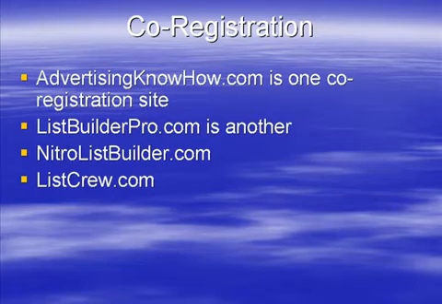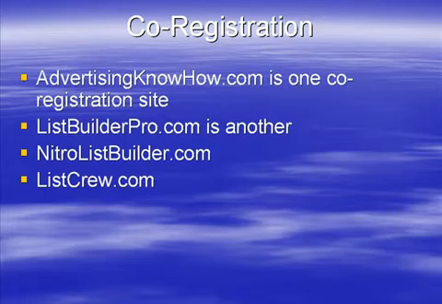Now, what's interesting about these services is that not all of them are compatible with all autoresponders. Aweber, for example, will not allow co-registration, but has allowed Advertising Know-How because they are satisfied that it meets their strict policy on double opt-in and genuine leads. I don't know about List Builder Pro or Nitro List Builder.